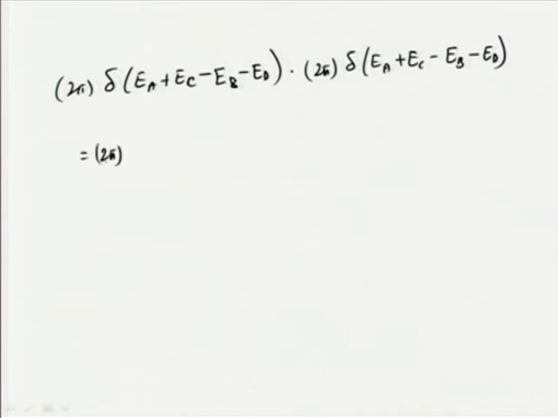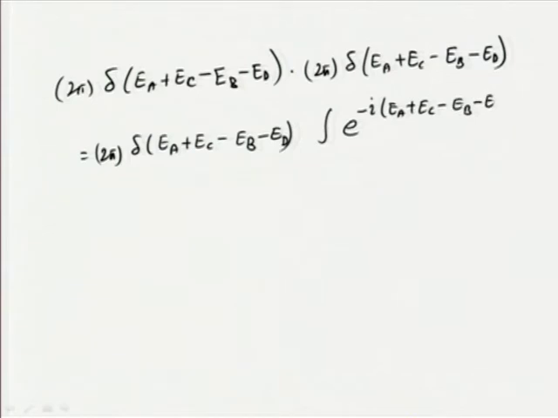So, let me write the first one as it is, E_a + E_c - E_b - E_d. The second one in the integral form, e^(-i(E_a + E_c - E_b - E_d)t) integrated over t, dt, and let me take the interval as minus t/2 to t/2, where essentially the interaction happens.